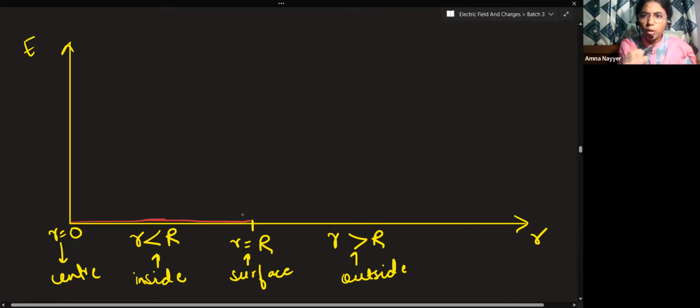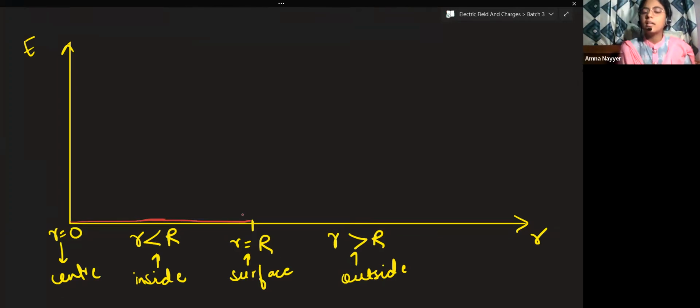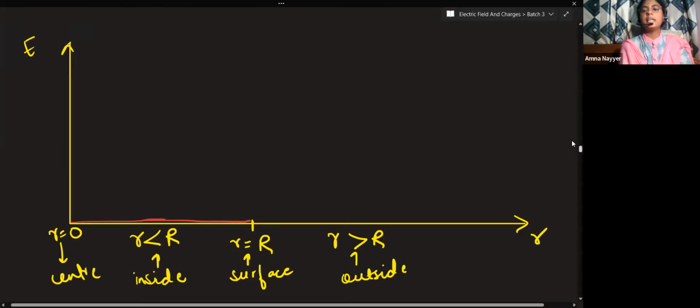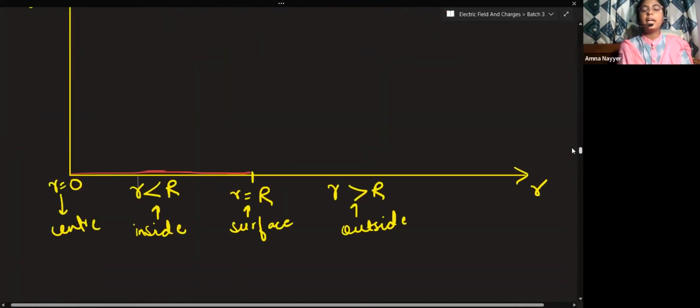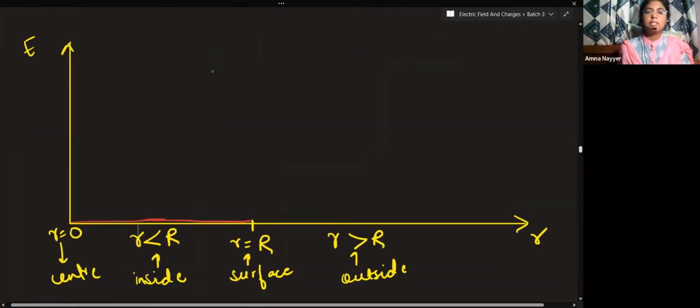When you draw it, use a scale so that it coincides, because the electric field is 0. Now the electric field at the surface is sigma by epsilon naught, independent of the radius of the sphere. So it will have a certain value.